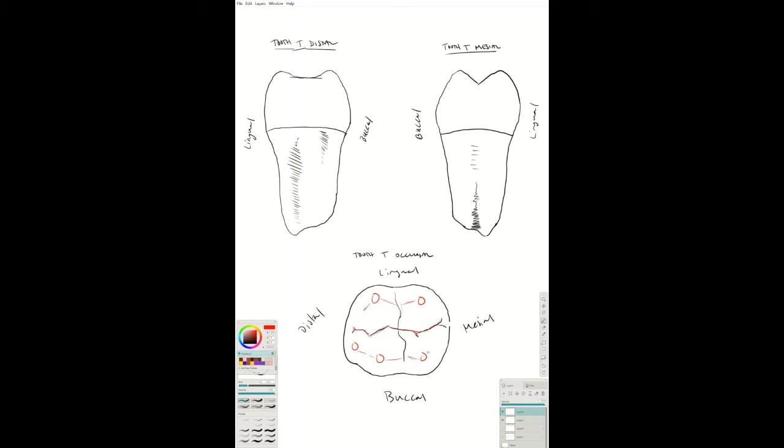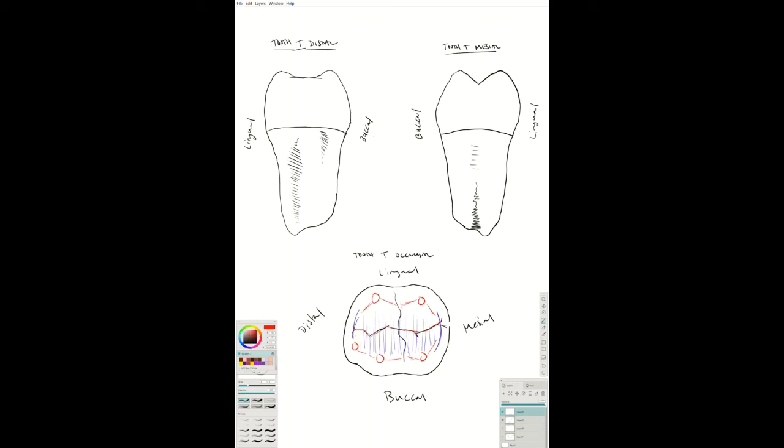I'm just highlighting where these cusp ridges would be, so you can get an idea, like we saw on our maxillary molar, of how our occlusal plane is made up of all of the ridges coming off of the cusps, and then we have those mesial and distal marginal ridges making up our occlusal plane.